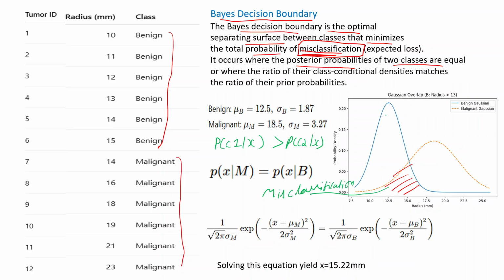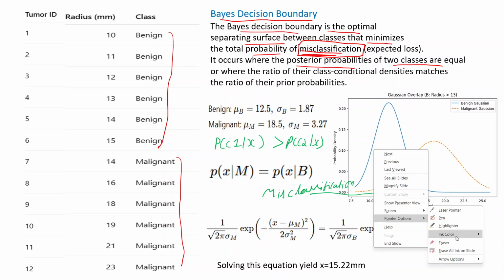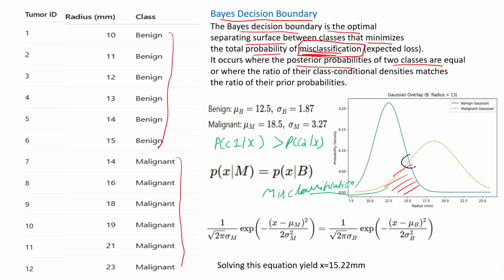When we see this Gaussian distribution, wherever there is an overlap, overlap is occurring for sure here. This is a point where the posterior probabilities of the two classes will become equal, because this is a point where we can decide whether it can be a benign case or a malignant case.